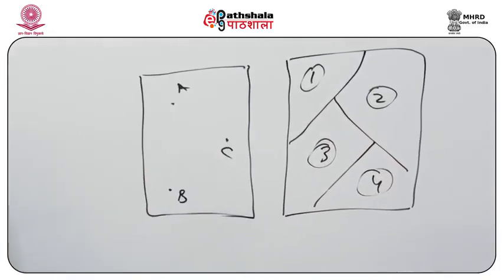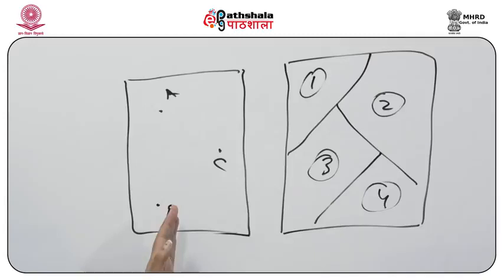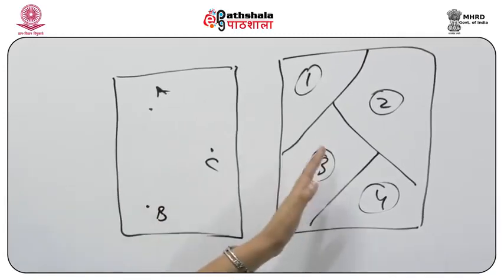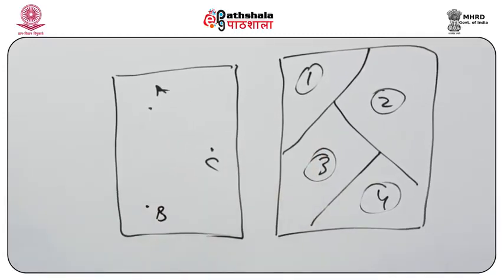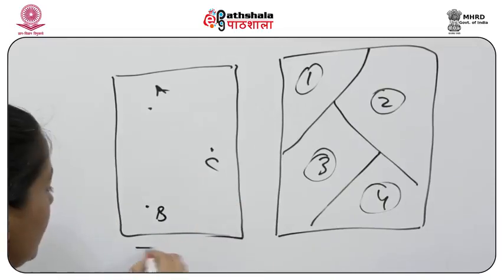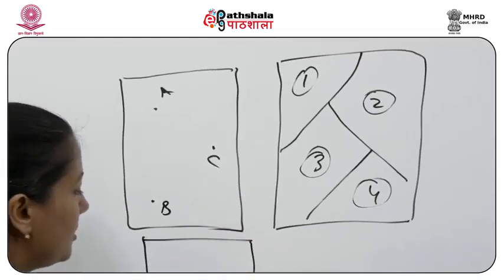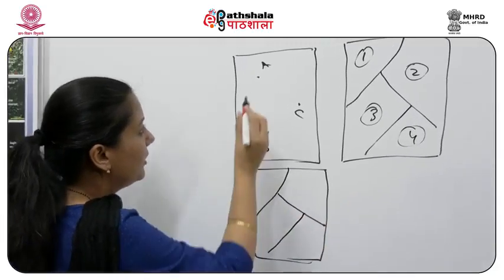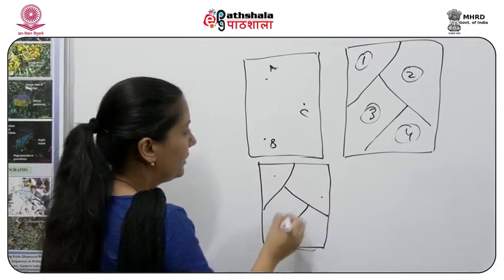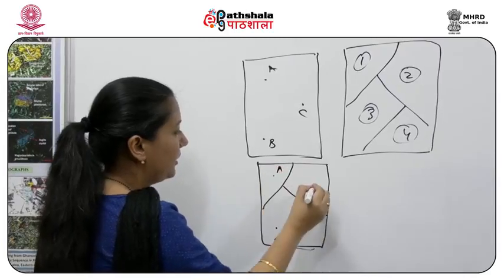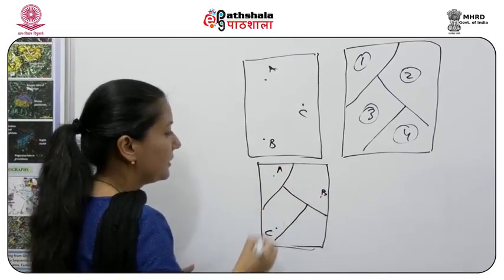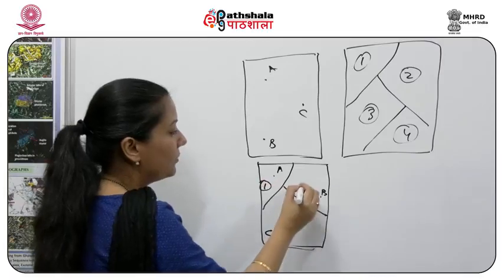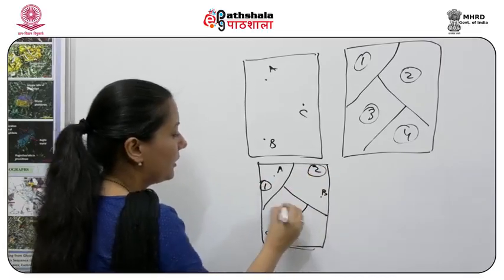Now when I have polygon data for the same area, we can overlay this over this. What do I mean by overlaying? Overlaying means I create a new image in GIS where we have those same polygons plus the point data. So this is point A, B and C, and this was actually land use 1, 2 and 3.